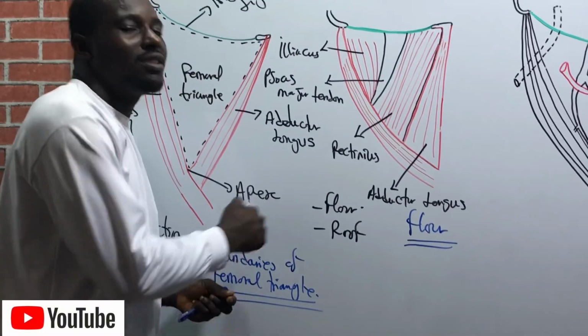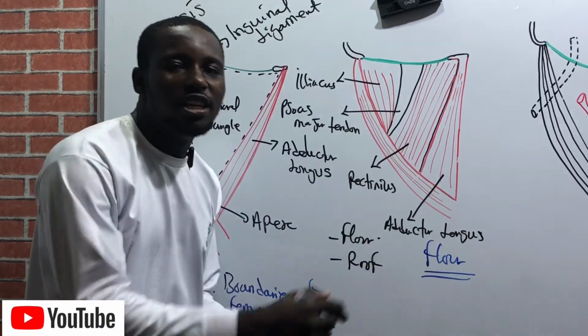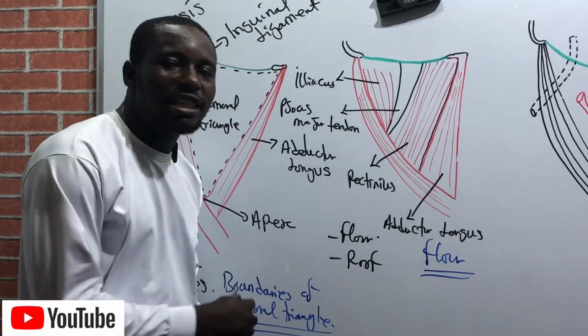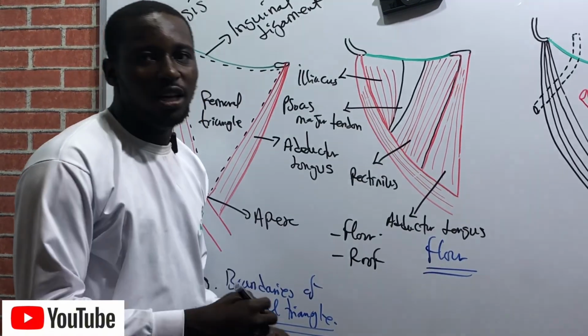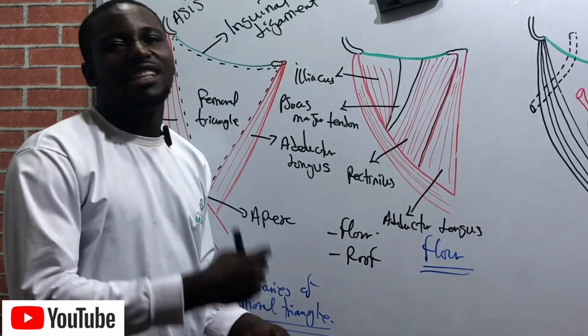The roof of the femoral triangle is formed by the fascia lata containing the saphenous opening. The fascia lata is known as the superficial fascia of the thigh, which contains important structures.